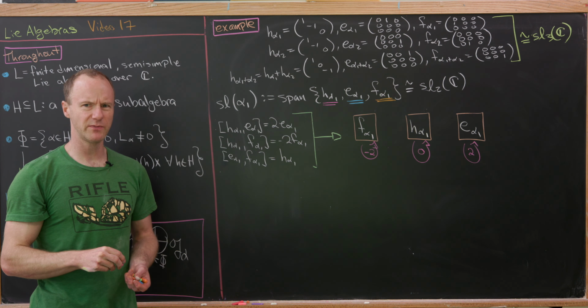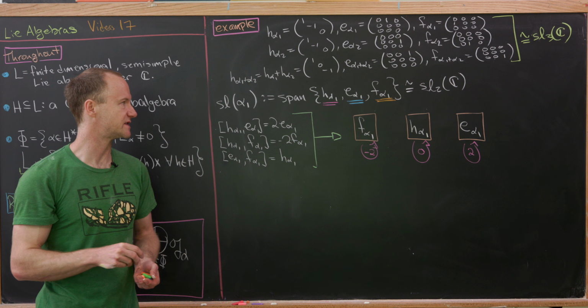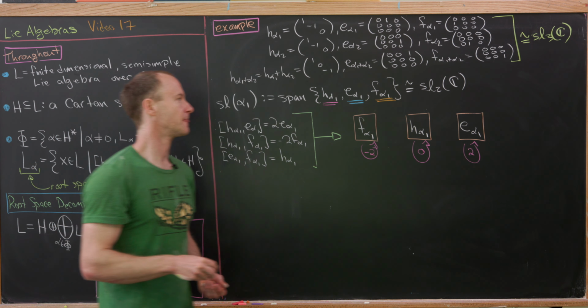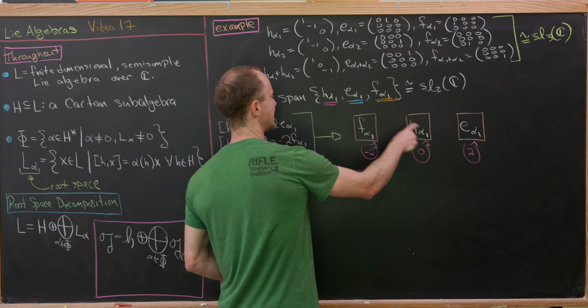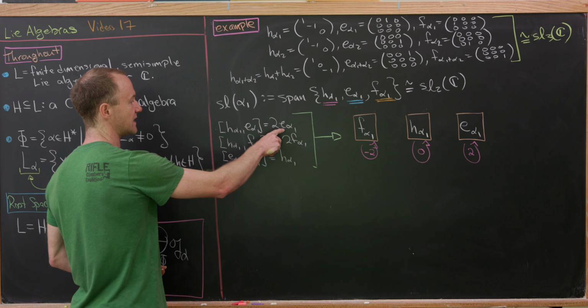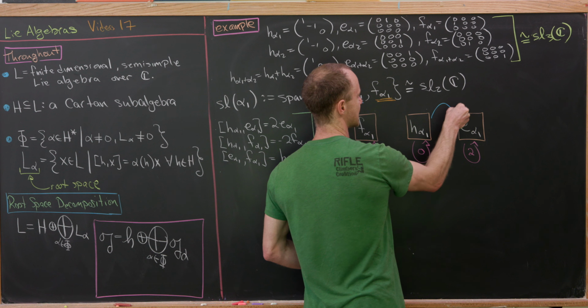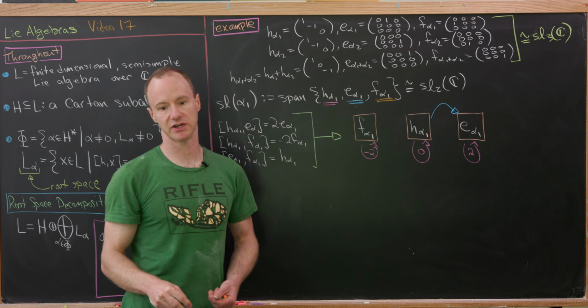So we're producing a diagram that's pretty similar to one that we saw before, but let's keep going. If we act on H alpha 1 with E alpha 1, remember via the bracket relation, we end up in the span of E alpha 1. So that means this is going to take us from this location to the next location.